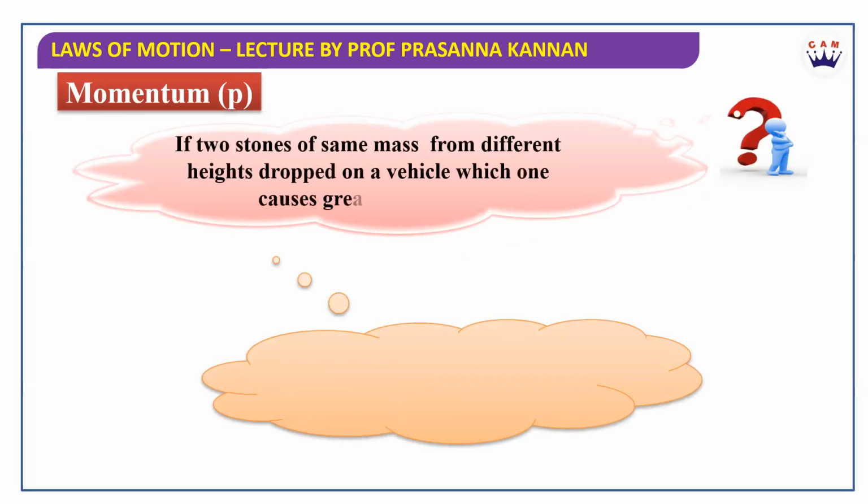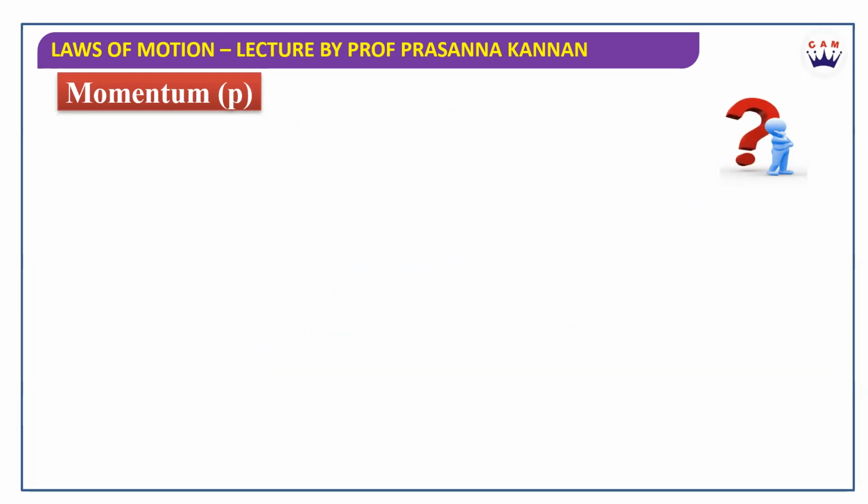If two stones of same mass are dropped from different heights, which one will cause greater impact? The one which is dropped from greater height. Why? Because when it strikes the surface of Earth it will have more velocity.